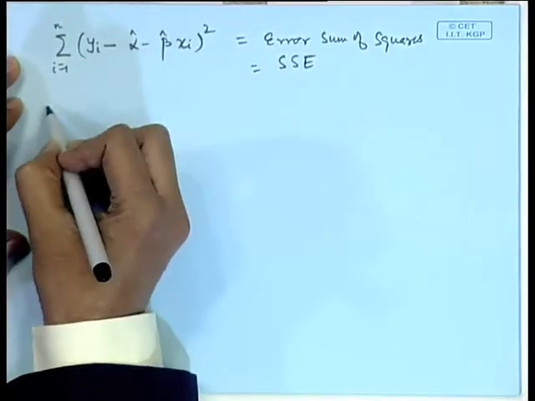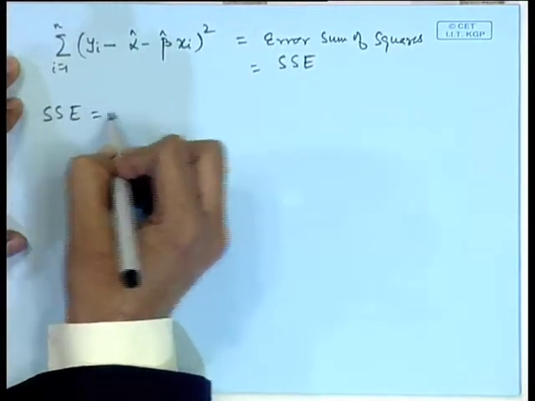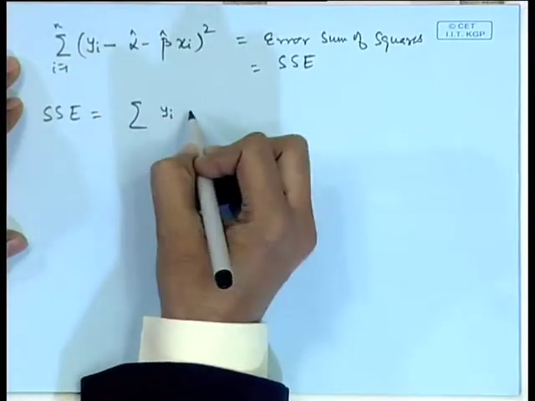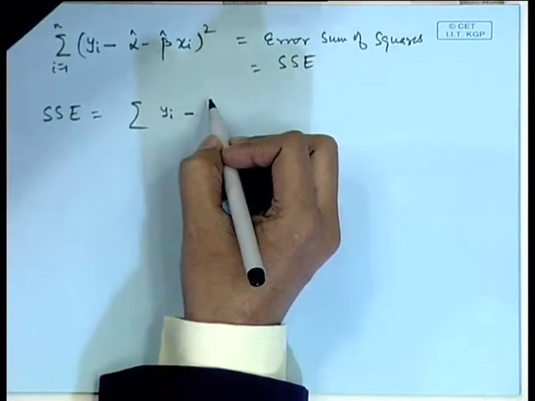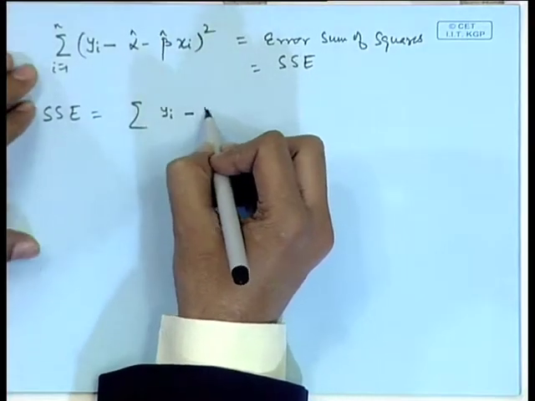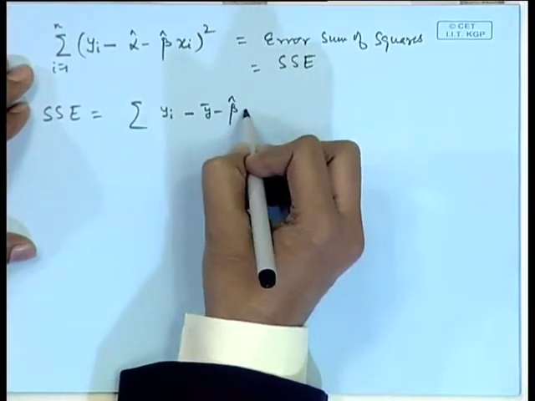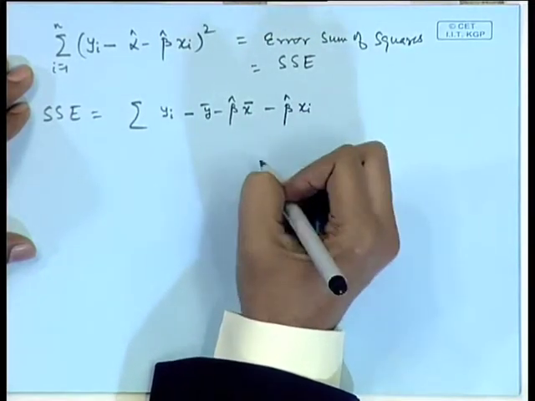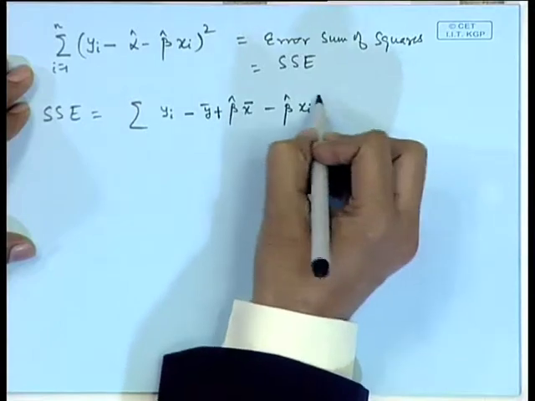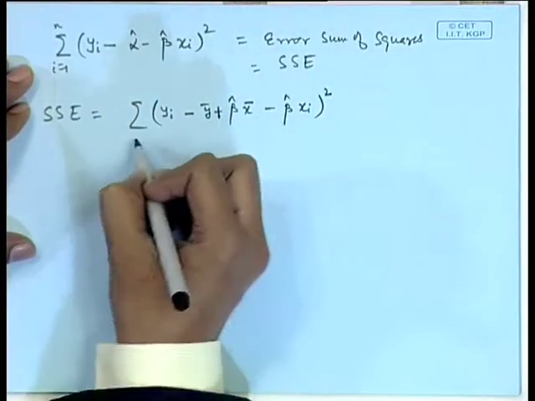Now, if I substitute this, y_i minus alpha hat, where alpha hat is equal to y bar minus beta hat x bar, minus beta hat x_i, whole square. Let us simplify this term.